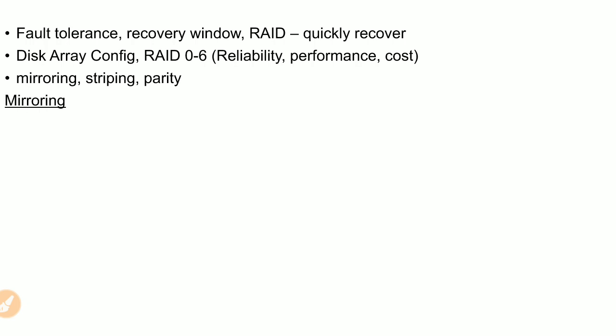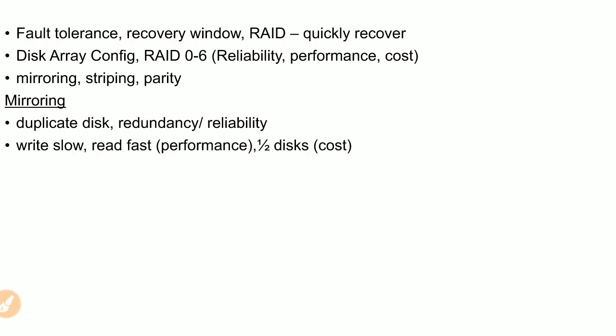In mirroring, the purpose is to introduce reliability in case of a fault. So you duplicate an entire disk to another drive, and the purpose is to introduce redundancy and reliability so that in case of a fault of a single drive, its data could be recovered from the other drive which is duplicated.